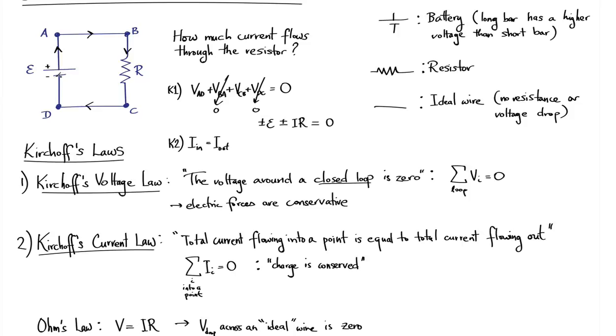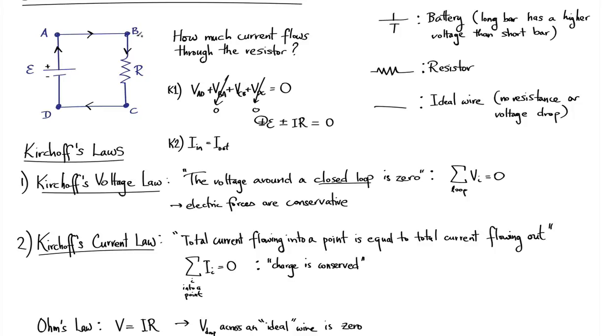So if we're going from a lower potential to a higher potential, we're going to increase our potential as we go from D to A. This would be like we're climbing uphill, okay? So when we're going from D to A, which is what the order of the subscript means here, basically this would be a plus, okay?